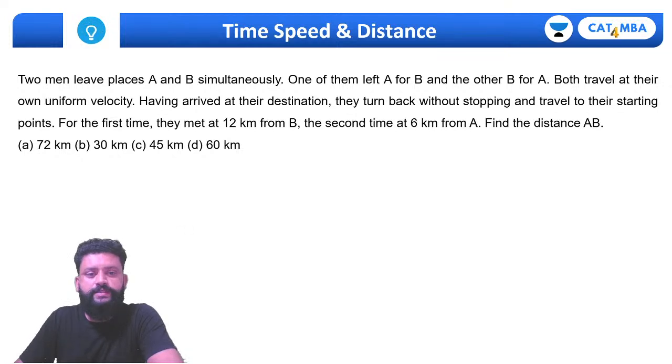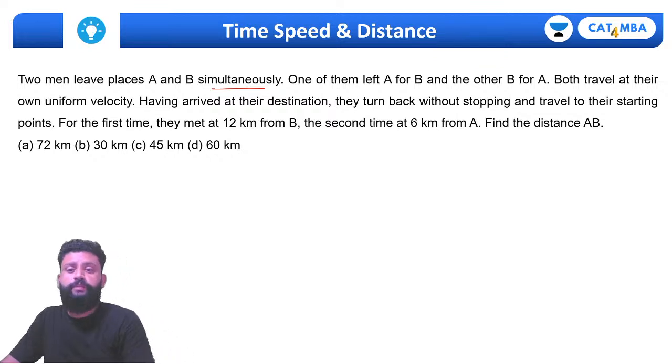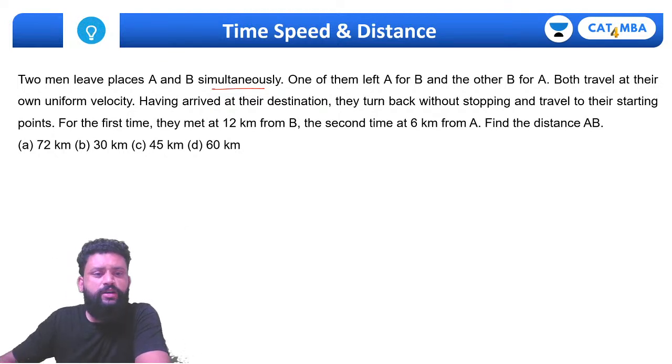Two men leave places A and B simultaneously. One of them leaves A for B, and the other from B for A. So both travel at their own uniform velocity.